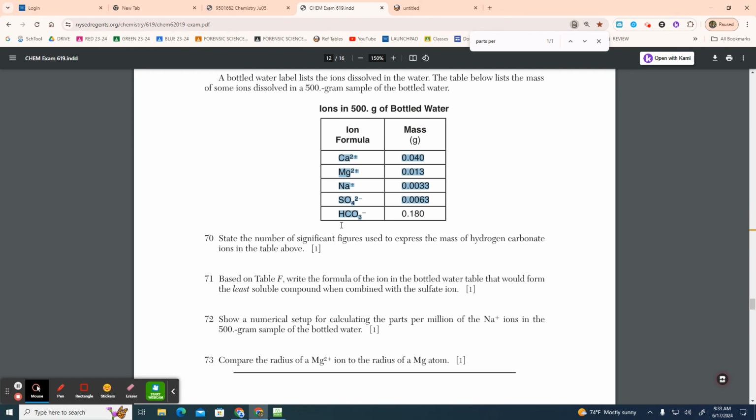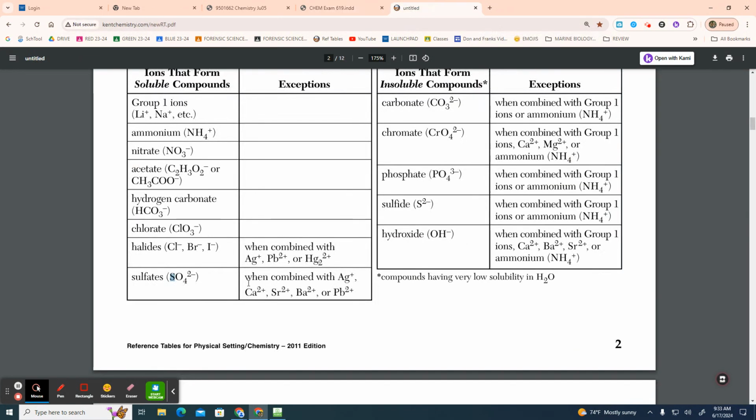It's the only one that makes it non-soluble. What happens if there were two? There's not going to be, it's a Regents. The least soluble is the only one that's insoluble, this calcium, because sulfates are soluble except when they're with calcium.